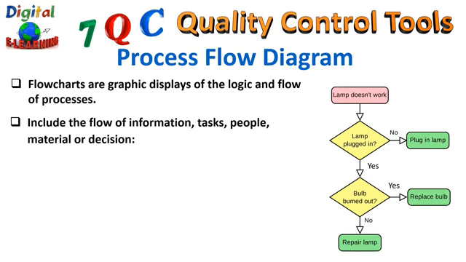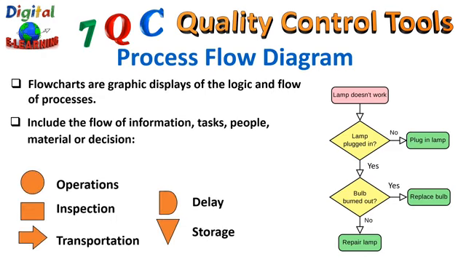One common mistake with flowcharts is that they are often created in a conference room away from where the process actually occurs. There are some specific tools that help you draw flowcharts, such as MS Visio, and there are some of the most common symbols that we use in constructing a process flow diagram.